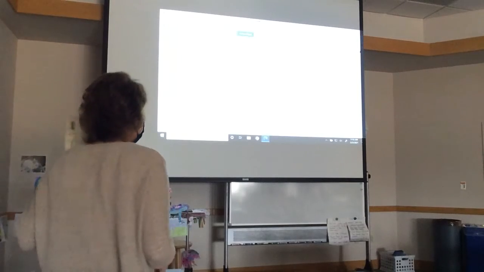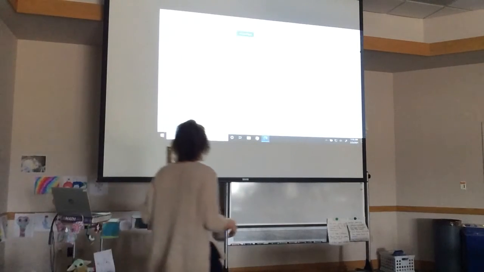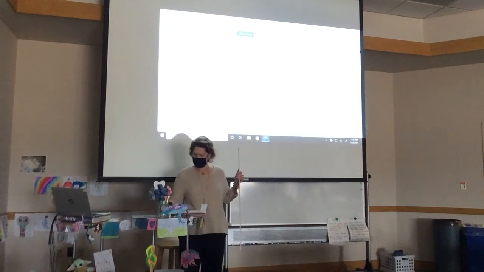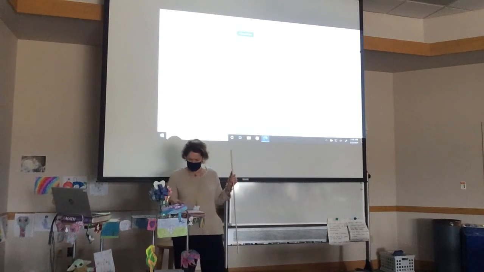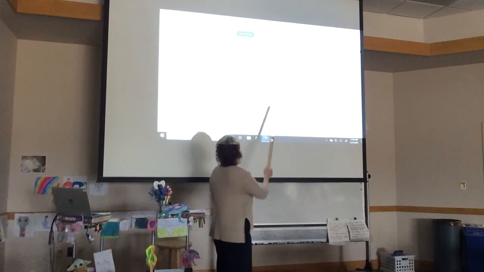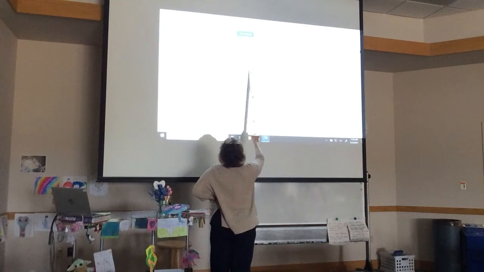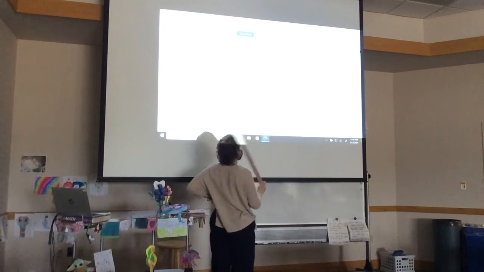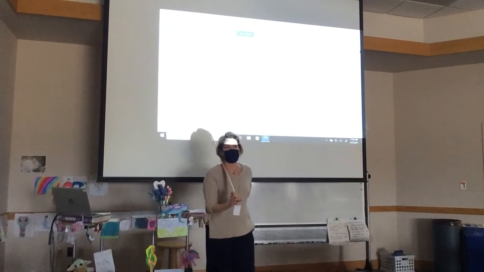We are on lesson 92, page 183 of your book. It says 5 blue stars. Where would you put the 5 in the equation?